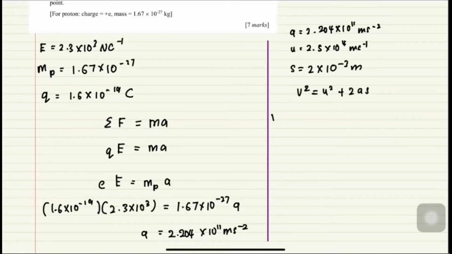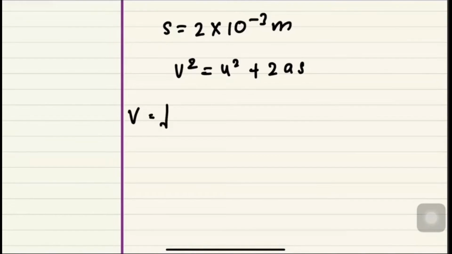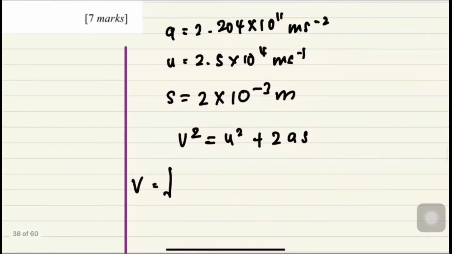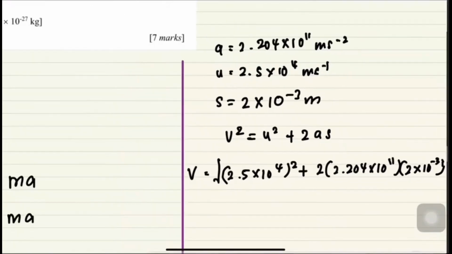So V squared equals 2.5 times 10 to the power of 4, this one is squared, plus 2 times A, A is 2.204, S is equals to 2 times 10 negative 3. Okay. You guys can see that.